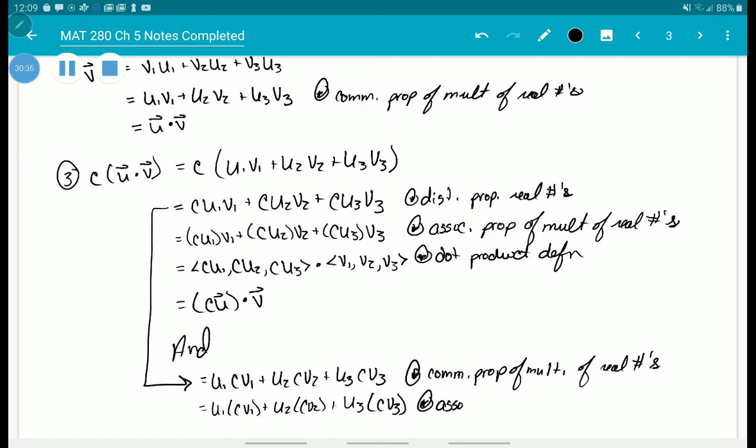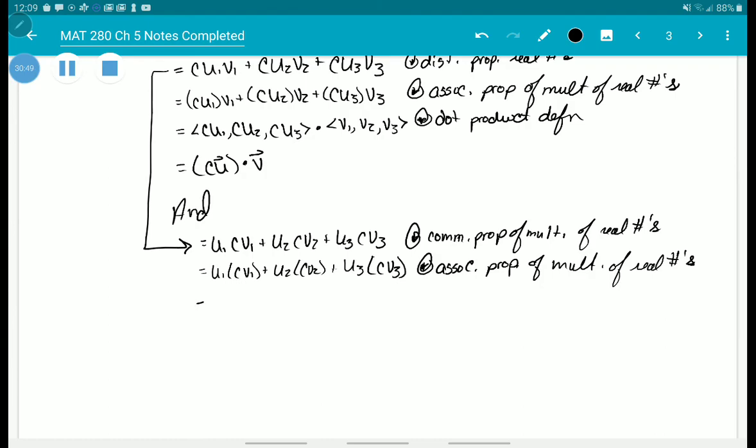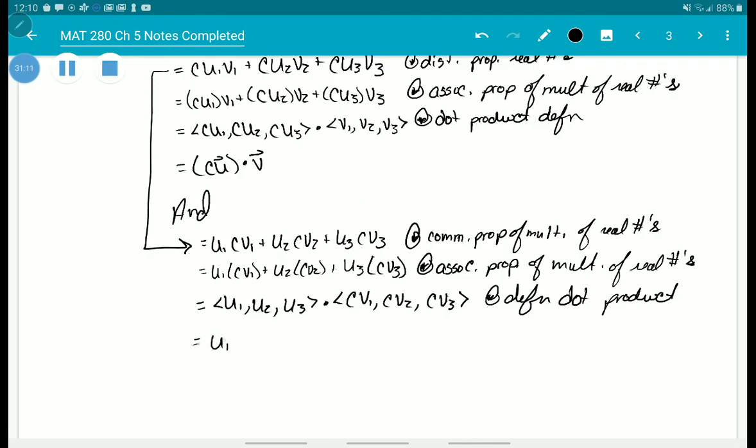That's an associative property. And then we could pull apart that dot product. So then that's u dotted with c times v.